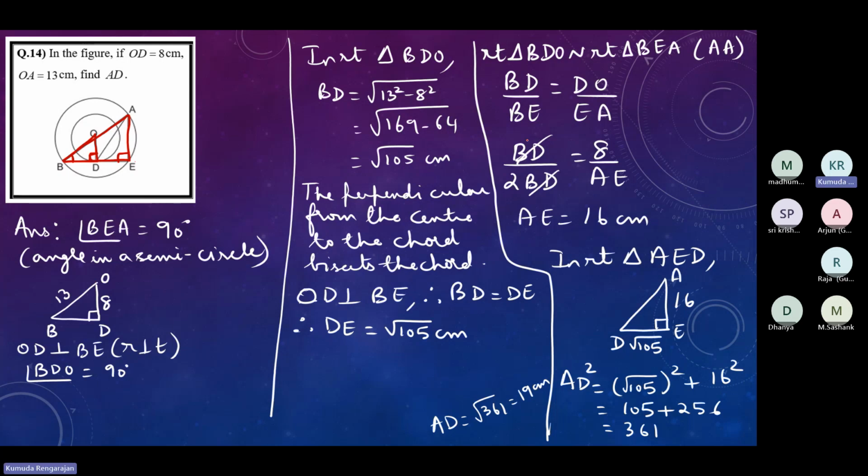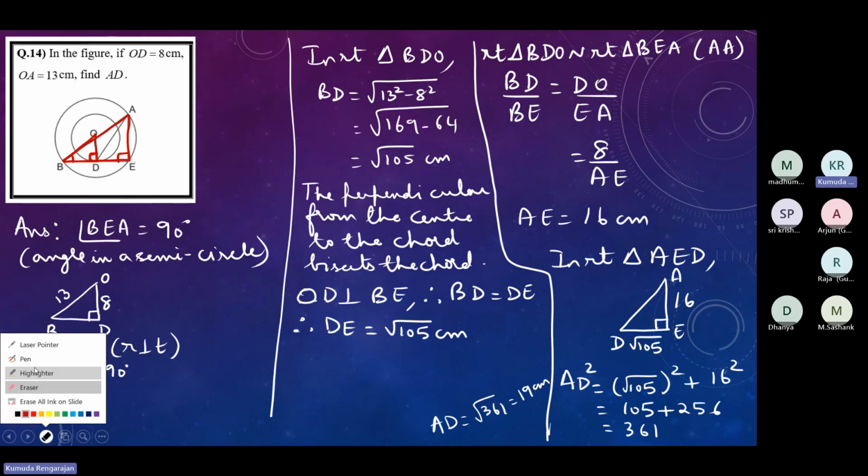And here you can substitute root 105 and twice root 105 also, children. See, I've written, because D is the midpoint, BD and twice BD. We found BD. BD is root 105.